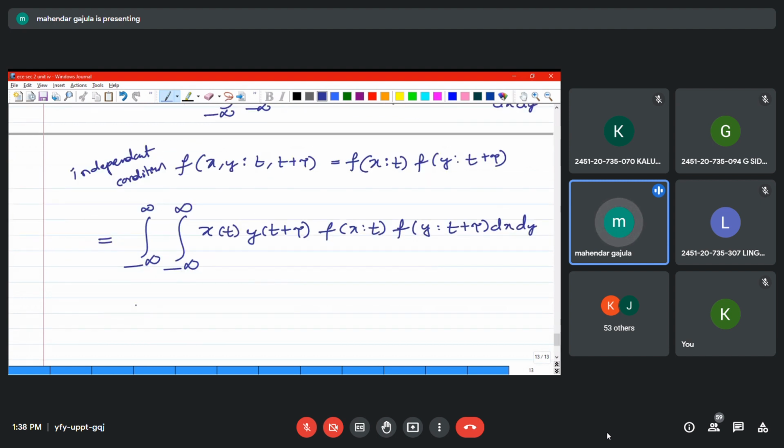Let us separate these integrations. Integration from minus infinity to plus infinity of x(t) f_x(x; t) dx.